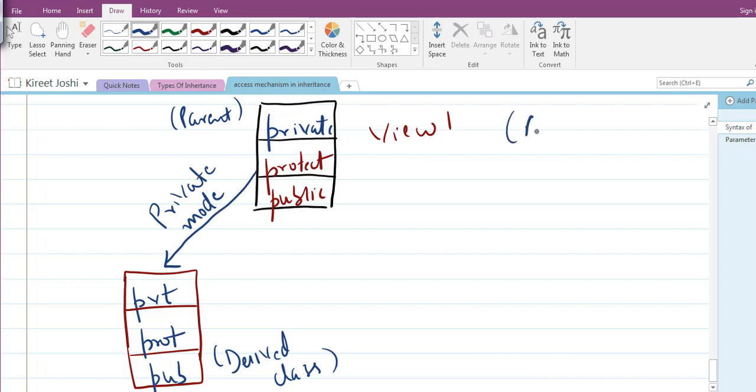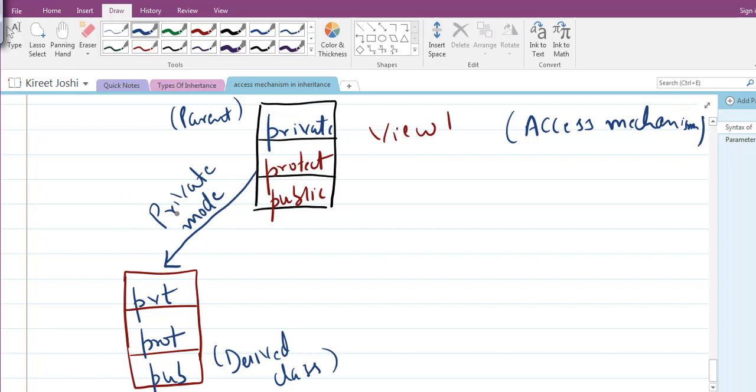Here we are talking of access mechanism, or the visibility: how the access mechanism of one class depends upon the access mechanism of the second class, how the access mechanism of the parent class is changed in the derived class. So this is the visibility mode.